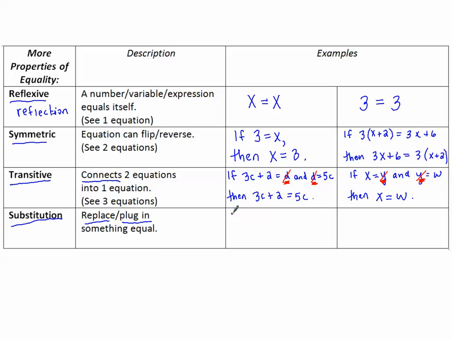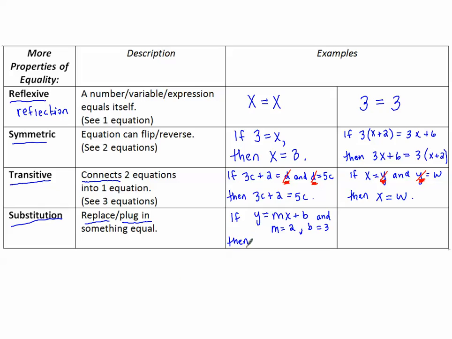For example, if y equals mx plus b, you know, the equation for a line, and I know that m equals 2 and b equals 3, well then I can substitute.